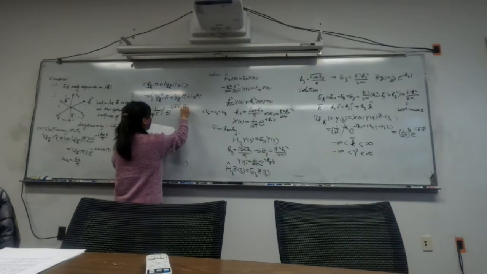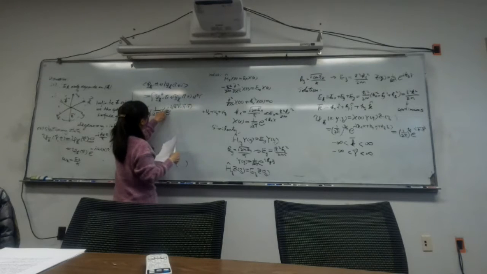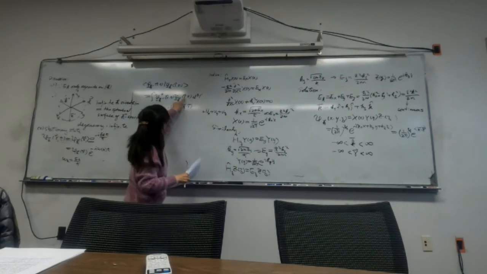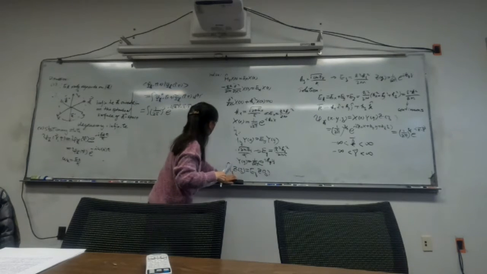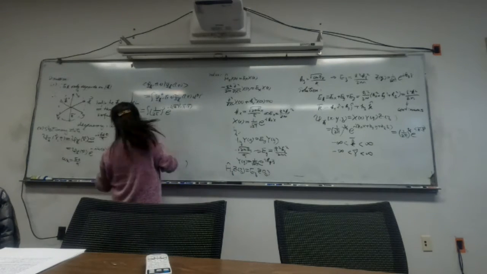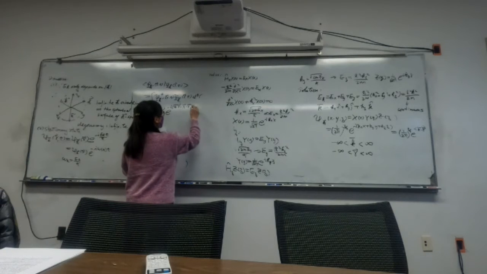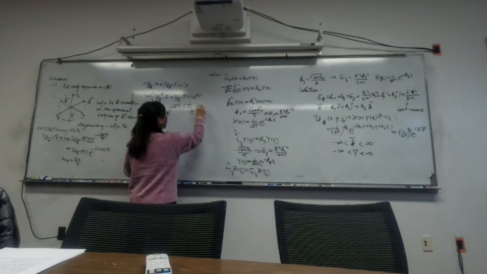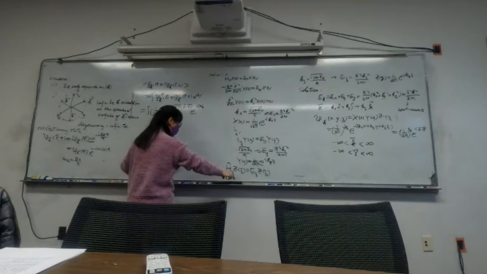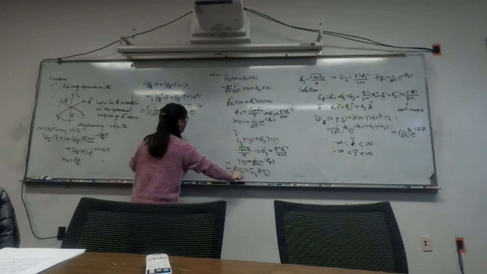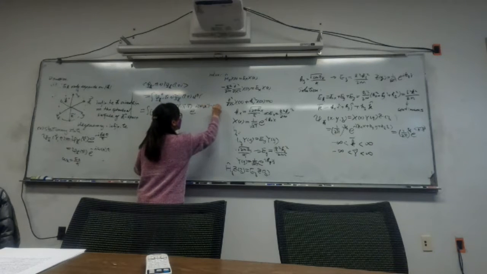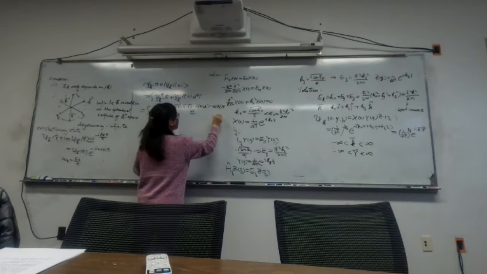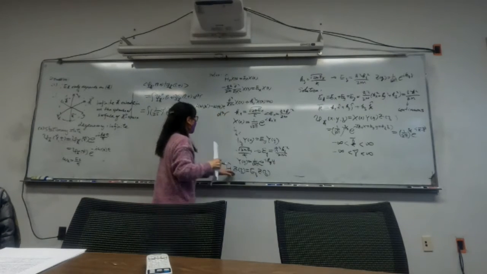Of course, we also have the omega t term, so we have i omega_k prime t minus omega_k t, d^3r.